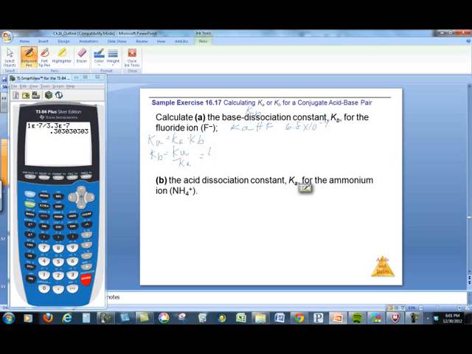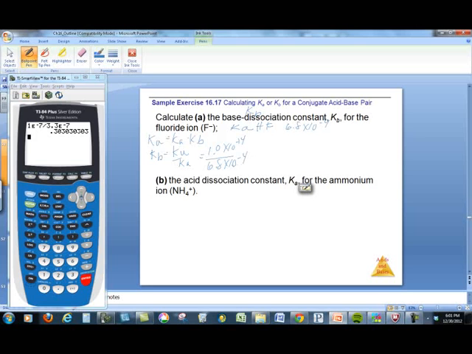So Kw is 1.0 times 10 to the minus 14, my Ka I looked up is 6.8 times 10 to the minus 4.